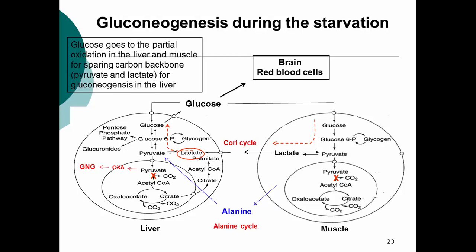Alanine is released from the muscle during fasting, because some part of protein can also be broken down for energy use during fasting. So alanine is released from the muscle and picked up by the liver for making glucose.